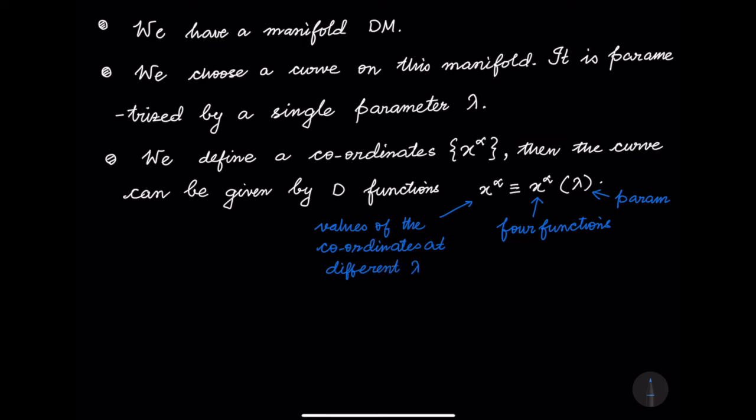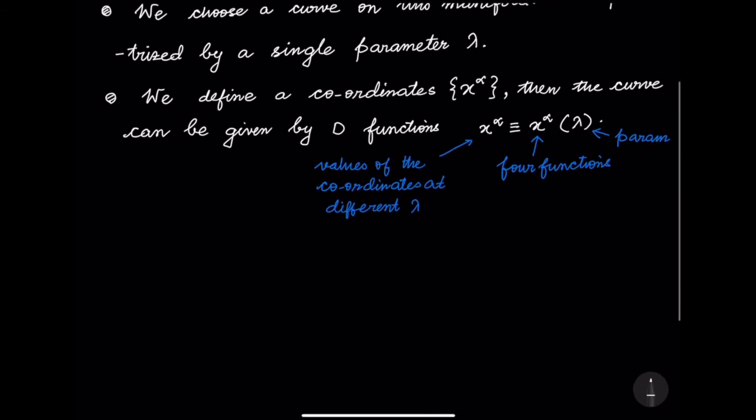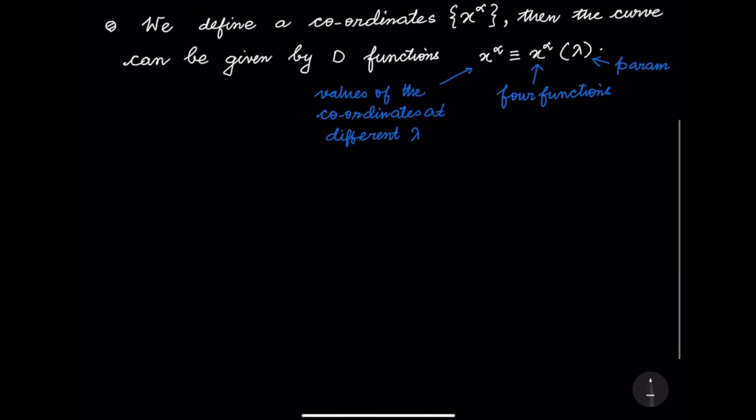So once I have this, this is the curve along which I will parallel transport, and we will mostly deal with parallel transporting a vector. So let us say that we have a vector now.